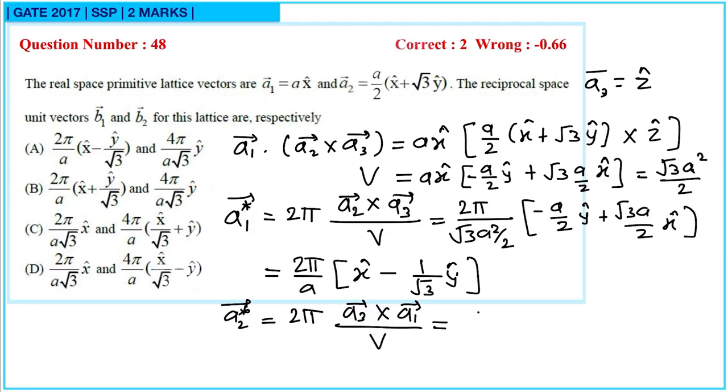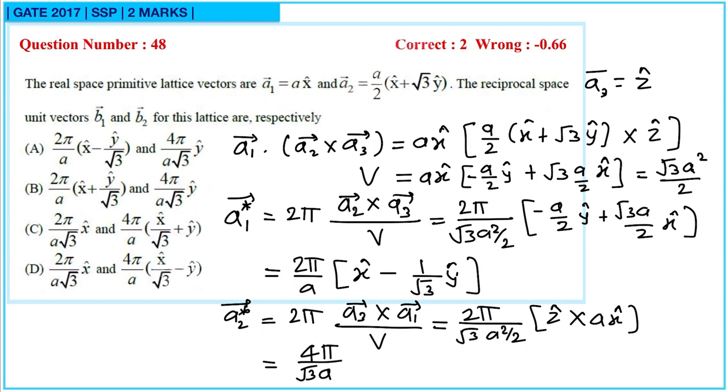So this will be 2 pi upon root 3 A square by 2. Now take the cross product of z cap with A x cap. So z cap cross A x cap. So A and A will cancel out. So this will be 4 pi upon root 3 A into y cap. So option A is correct.